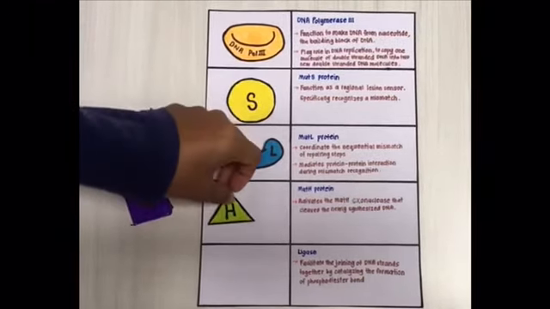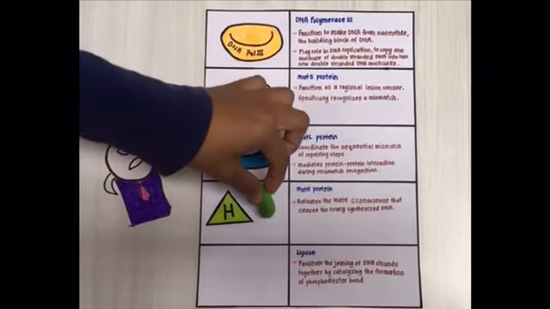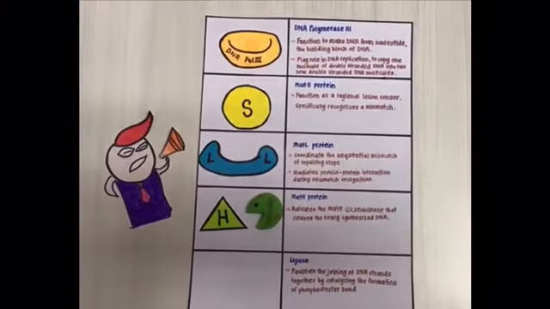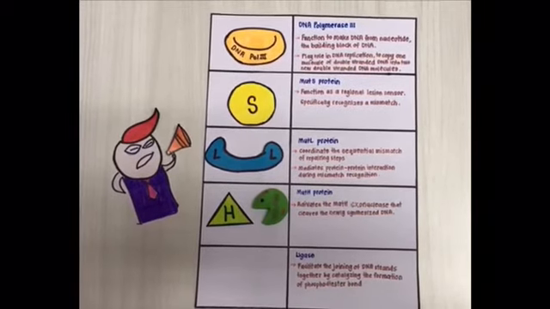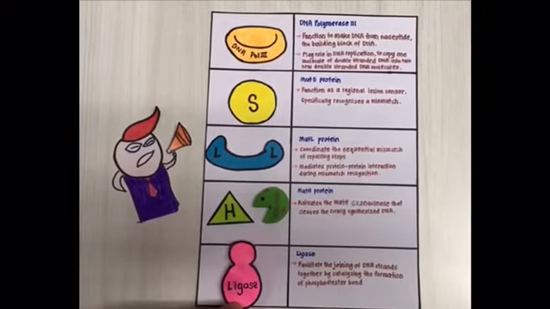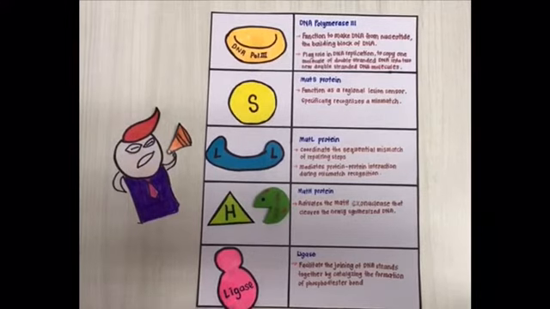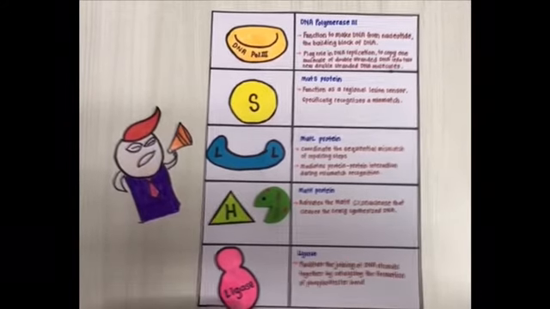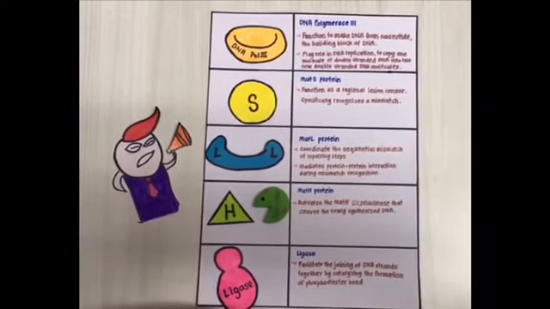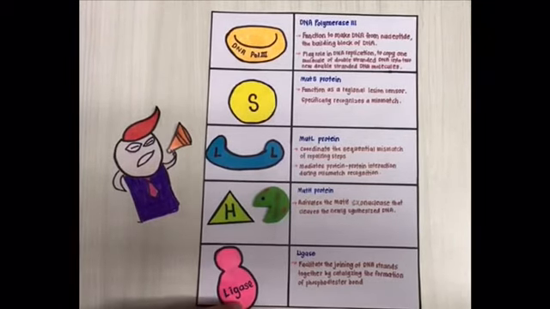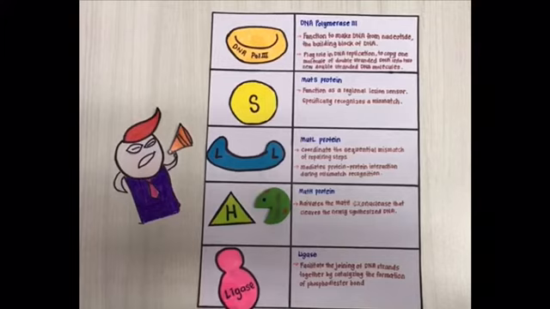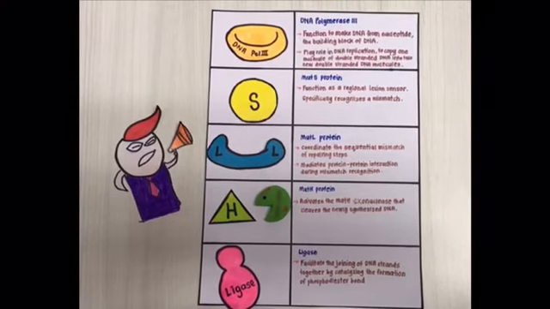Next is the MutH protein. MutH protein will activate the exonuclease that cleaves the newly synthesized DNA. The last component present is ligase. Ligase will facilitate the joining of DNA strands together by catalyzing the formation of phosphodiester bonds.